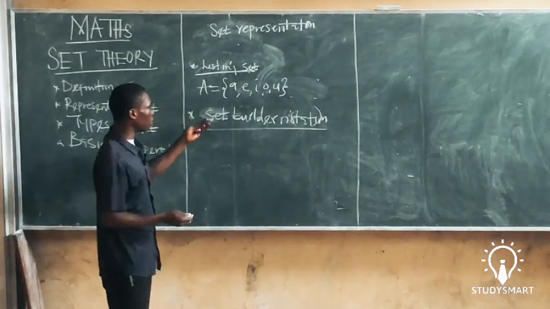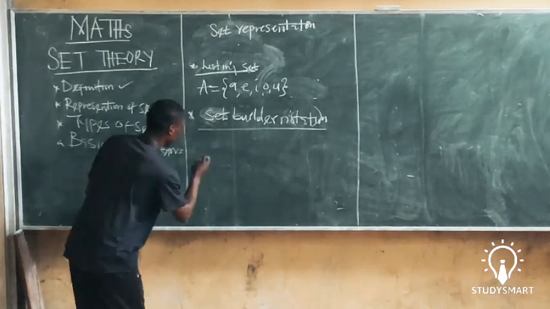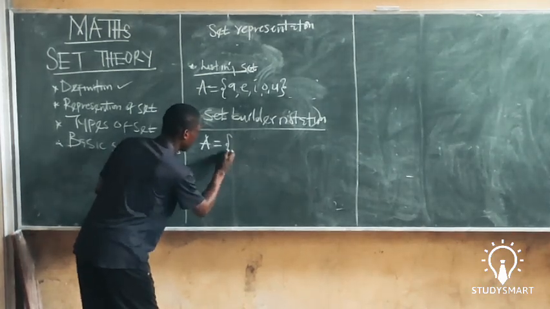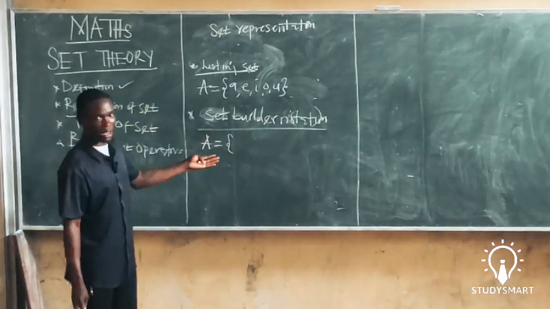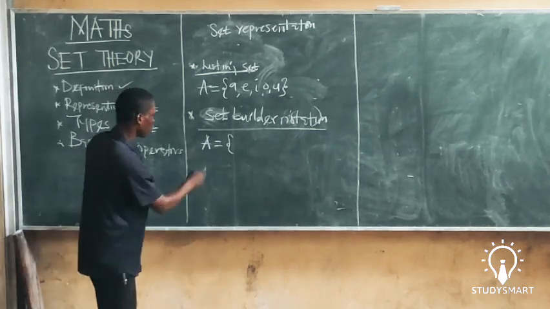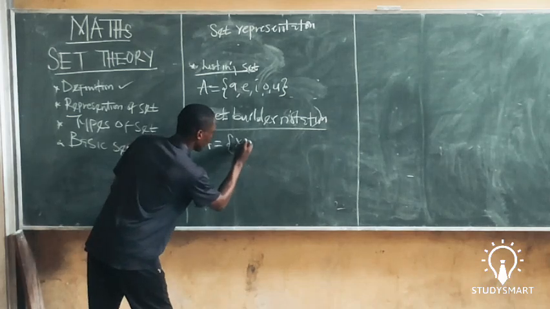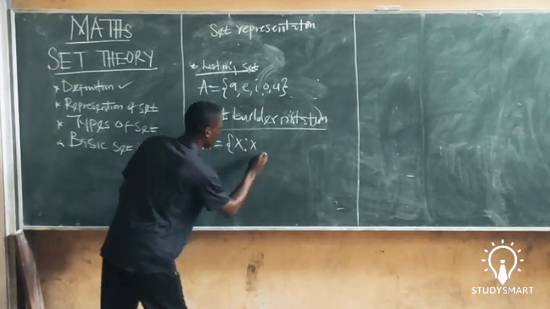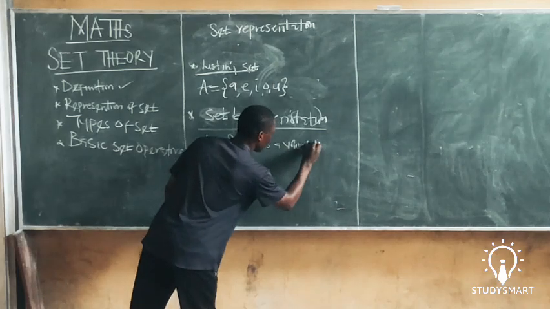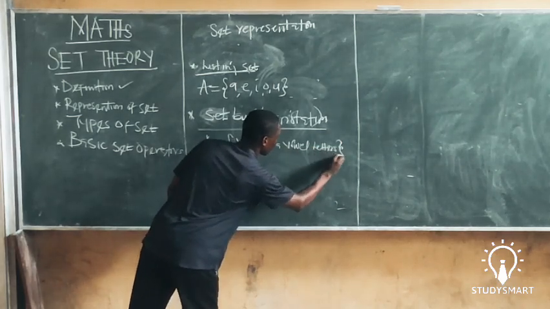What that means is that if I want to represent this statement in set builder notation, this is how I write it. A is equal to, and don't forget that a set is always enclosed by a curly bracket, so A is equal to the set of x such that x is a vowel letter.